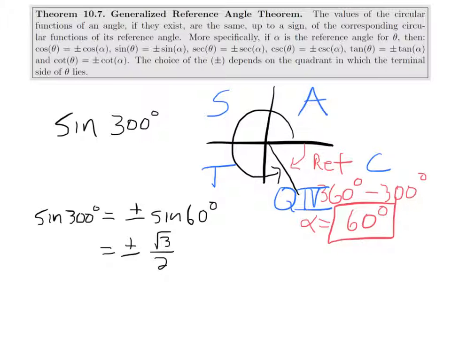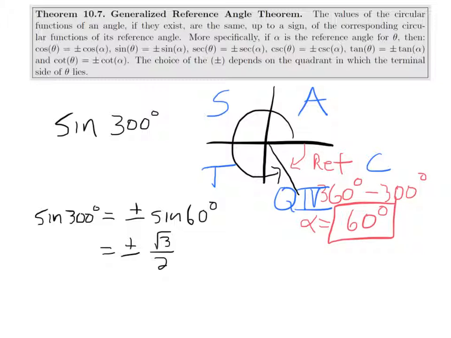I like All Students Take Calculus. This tells you which of the three major ones, sine, tangent, and cosine, the basic three, is positive in which quadrant.